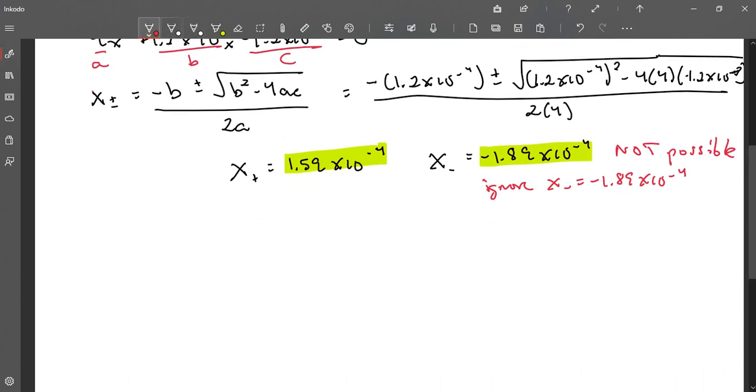Okay, let's change back to a black pen. Now that you have our x value, figuring out what the concentrations of everything else are is a bit more straightforward. You have expressions for everything at equilibrium for the two substances. All you do is plug in your now known x value.